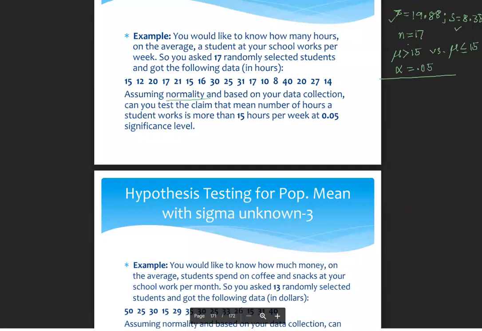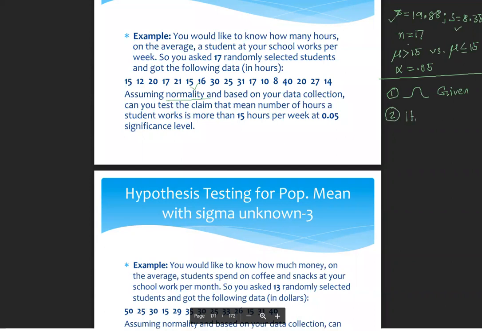So let's go ahead and do the problem. Number one, normality condition is given in the problem. I was gonna ask, is this a two-tail or one-tail problem? So you tell me.